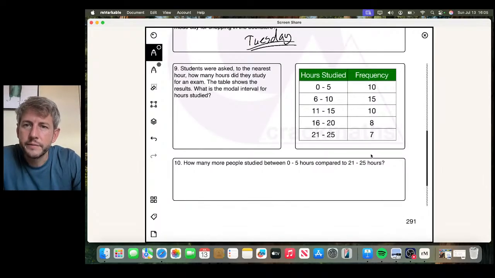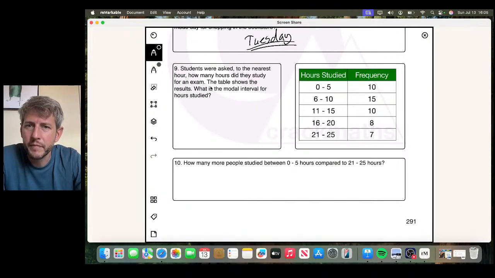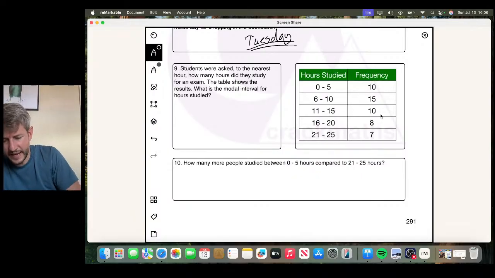Right, question 9. Students were asked, to the nearest hour, how many hours did they study for an exam? The table shows the results. What is the modal interval for hours studied? The modal interval for hours studied is 6 to 10 hours.